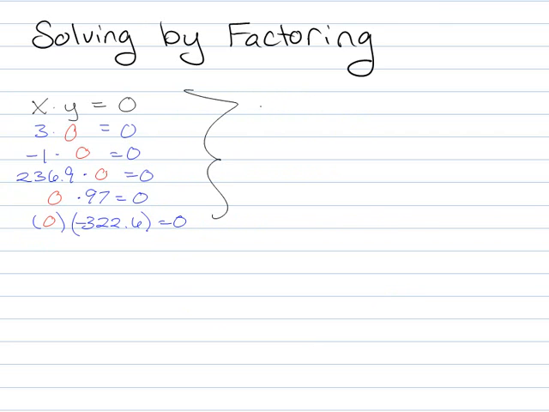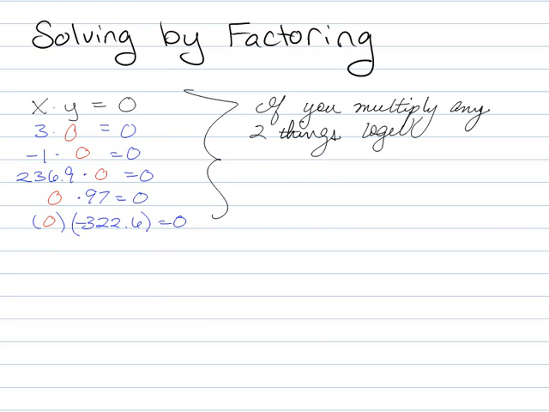So this is the basic idea behind solving things by factoring: if you multiply two things together, we'll actually write this up. If you multiply any two things together to get 0, then one of those things has to be 0.